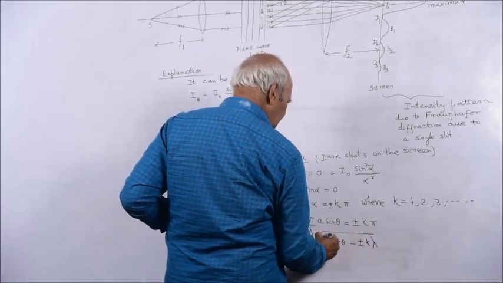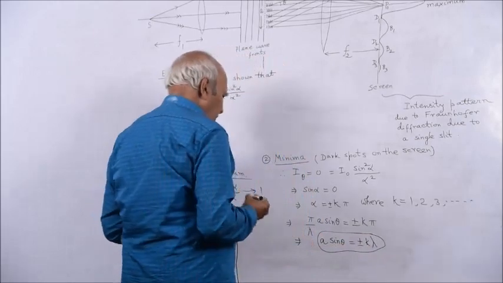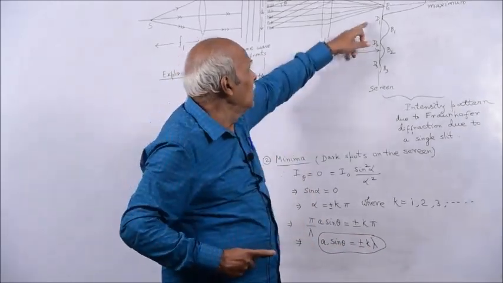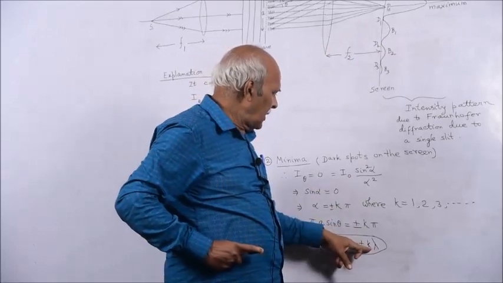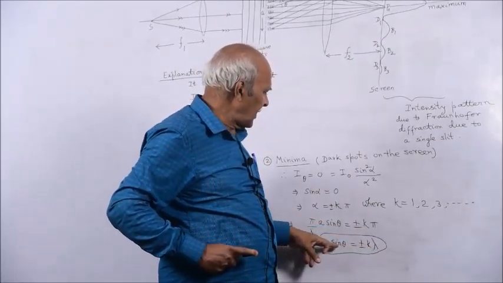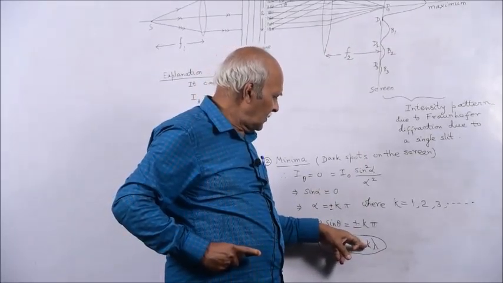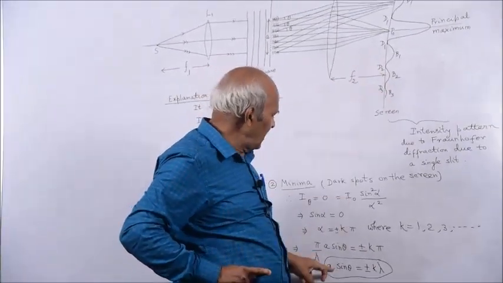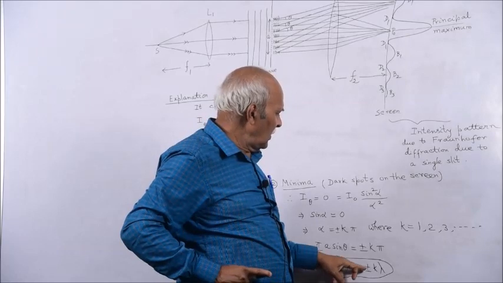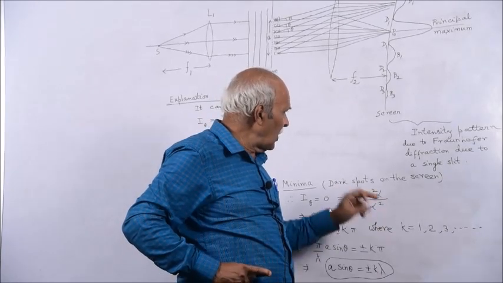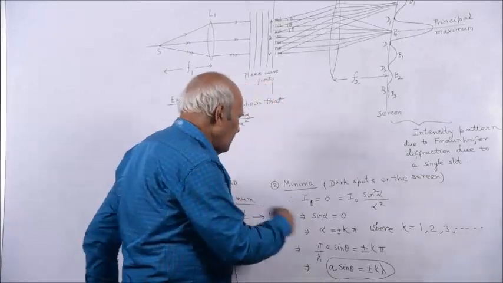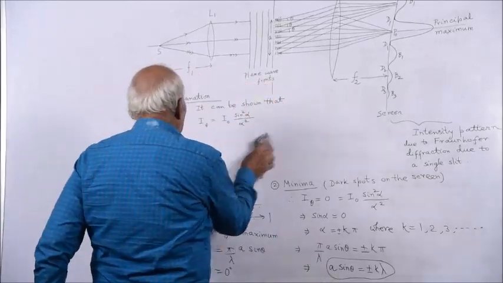This is the condition for dark points. For the first dark point, as you see D1, k is equal to 1. So it will be a sin theta 1 is equal to lambda. For the second dark spot, it will be a sin theta 2 is equal to plus minus 2 lambda. Like that. So this is the condition for minima.